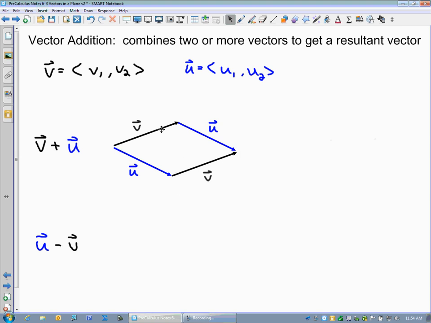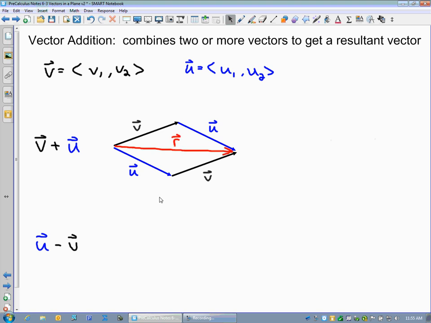So in either case, whether we go v then u or u then v, the resultant vector is the vector that gets us from the initial point of the first vector to the terminal point of the last vector, even if we had 5 of them that we're adding together. This vector here is the resulting vector, and let's call it r.